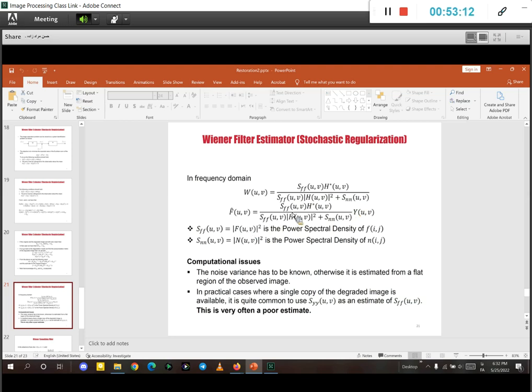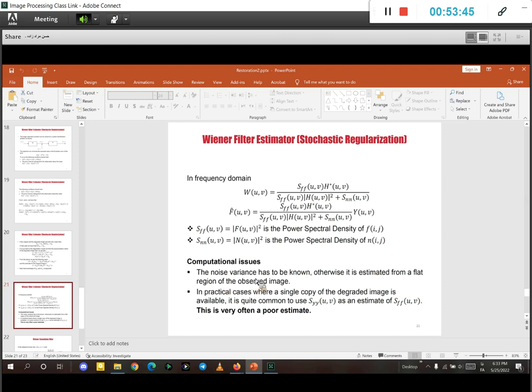And F hat is all of them times Y. Here S_FF is the PSD of the input image, and S_NN is the power spectral density of noise.